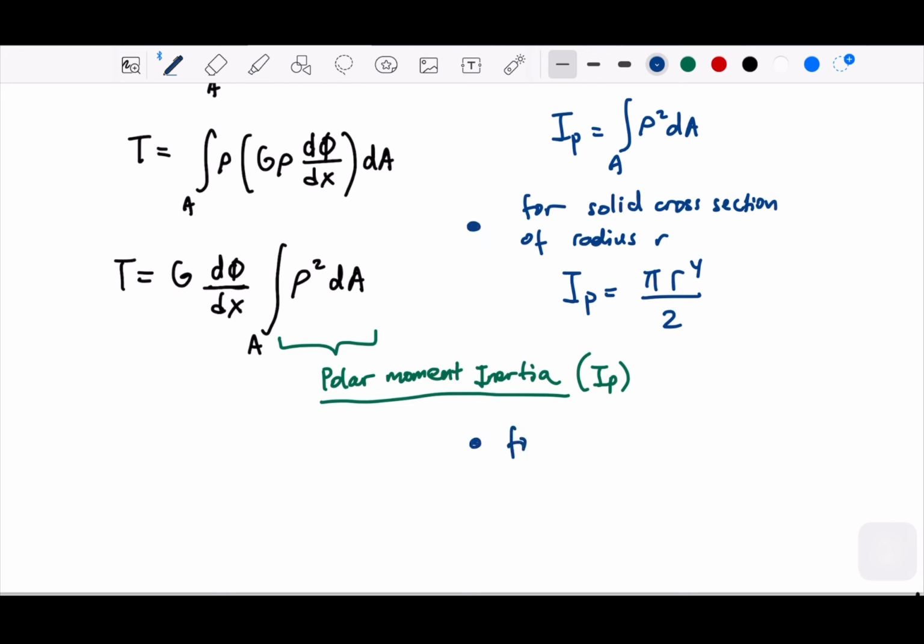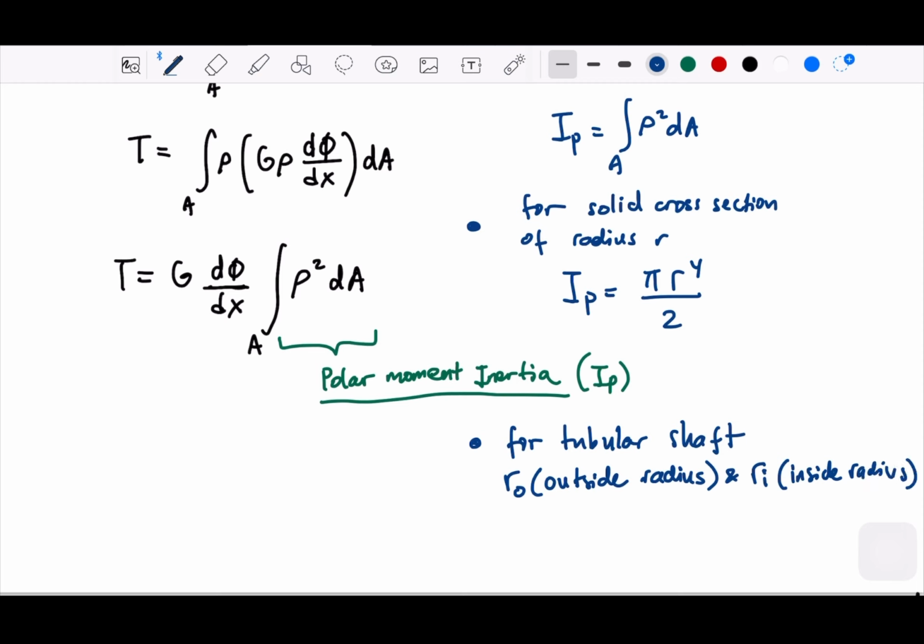And then for a tubular shaft, it has an outside radius and an inside radius. The inertia is pi over 2, the outside minus the inside, both to the power of 4.